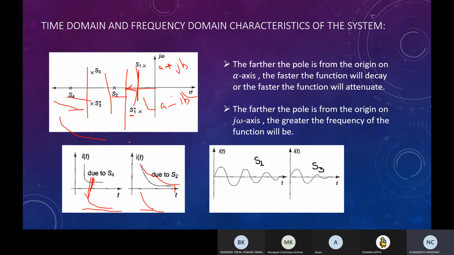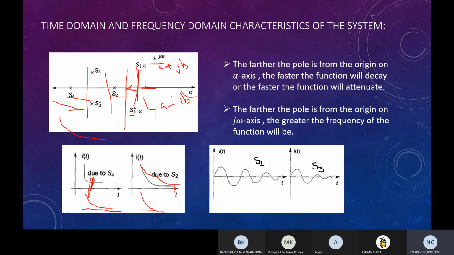And the farther the pole is from the sigma axis, that is, the greater the magnitude of j omega, the imaginary part of the pole, the higher the frequency.